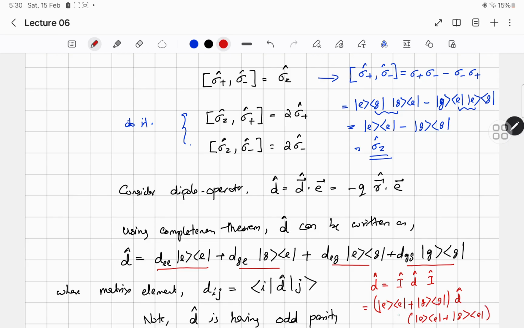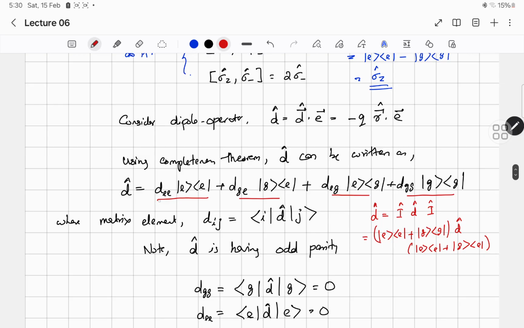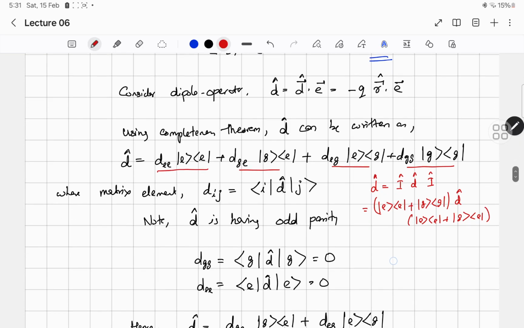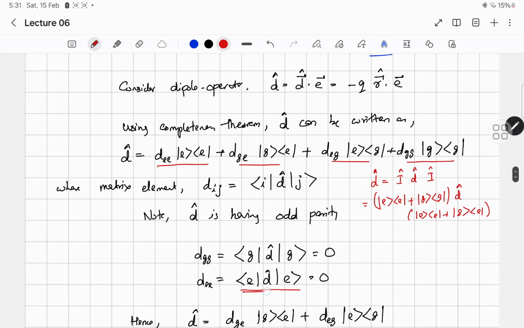If you look at this, you will get a total of 4 terms. The first term is <e|D|e> times the outer product |e><e|. So this term I have denoted by the symbol D_ee here. Similarly, I can find out D_ge, D_eg and D_gg.